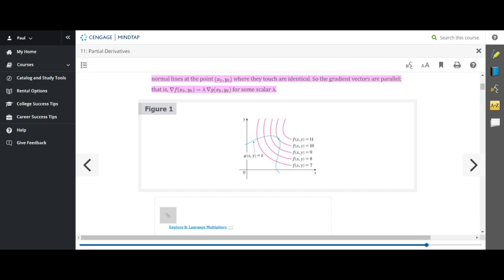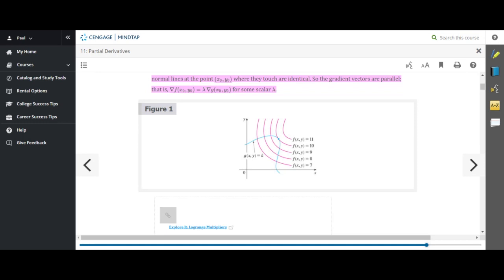That's a constraint, right? Because the only points that would exist would be on the circle. X squared plus y squared equals 1 is a circle of radius 1, and all the coordinates that satisfy it are on that constraint curve.